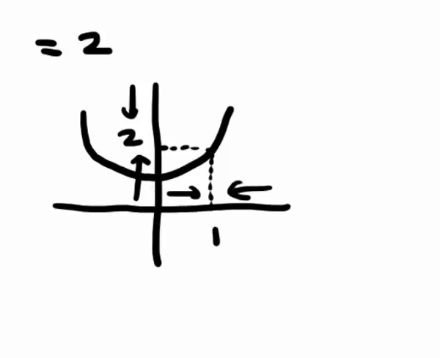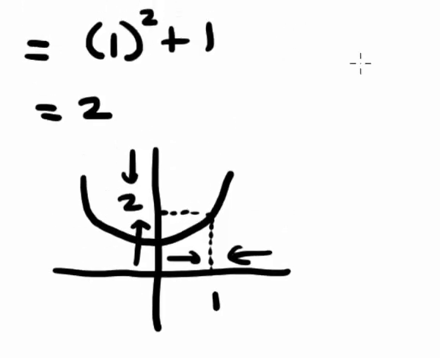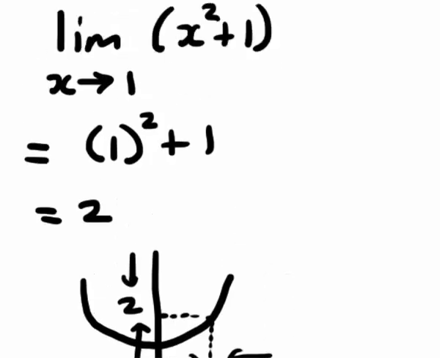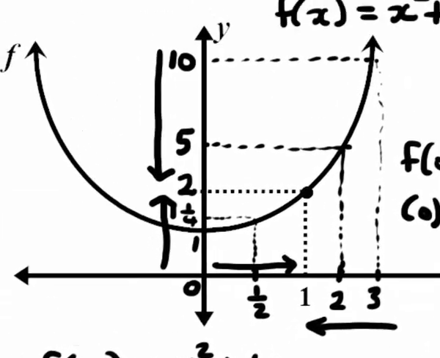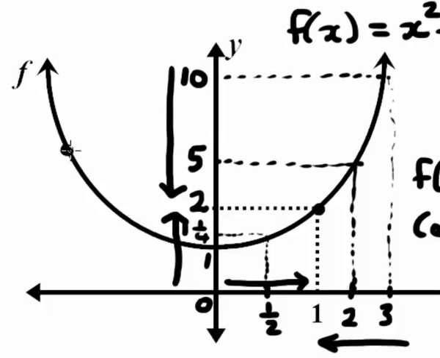And we say that the limit as x approaches 1 of the graph, x squared plus 1, is a y value of 2 by merely substituting in. You could have also chosen, for example, let's make it up, x equal to -2. Well, what would be the limit? It would be the corresponding y value, which would be 5.